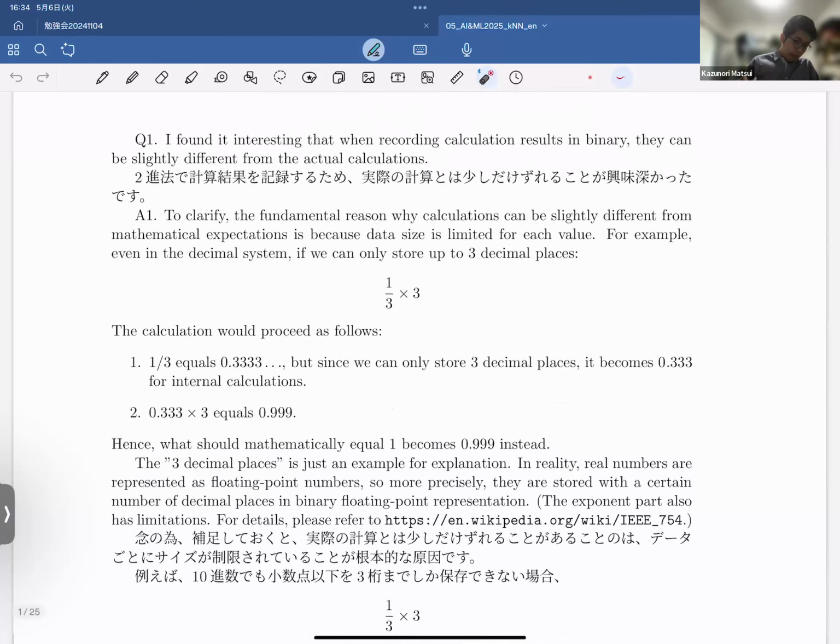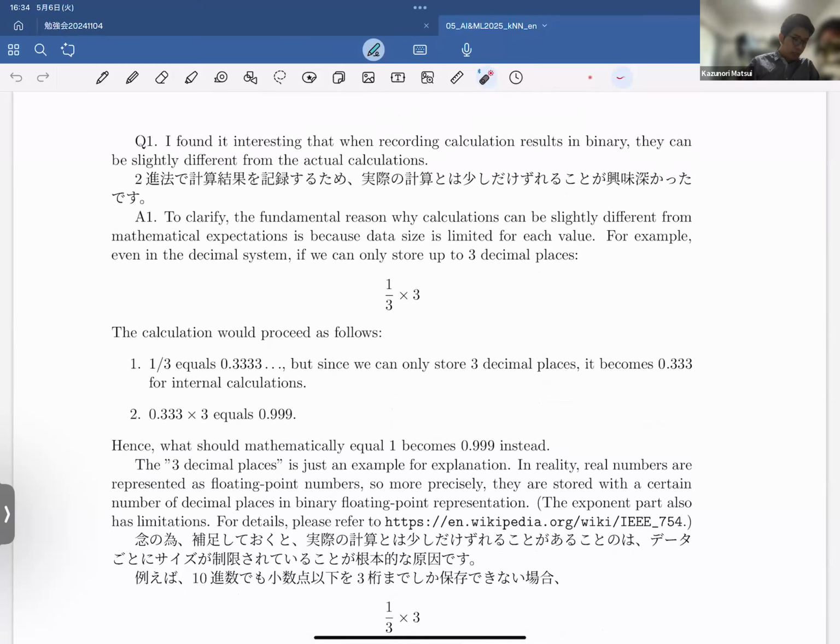The slight deviation from the expected calculation isn't primarily caused by using binary numbers, but rather by the fundamental limitation that each data value has a restricted size.